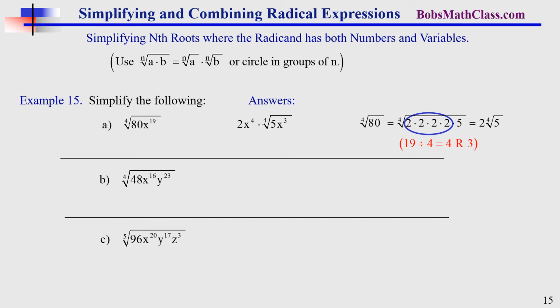So it's x to the fourth in front and then x to the third inside. Notice that I put a dot for multiplication in the middle, and that's just so I could separate it a little bit. If you put it too close, then you're not sure if it's x to the 44th power or the index is 44. So just try to separate it a little bit so you could tell that it's 2x to the fourth times the fourth root of 5x cubed.